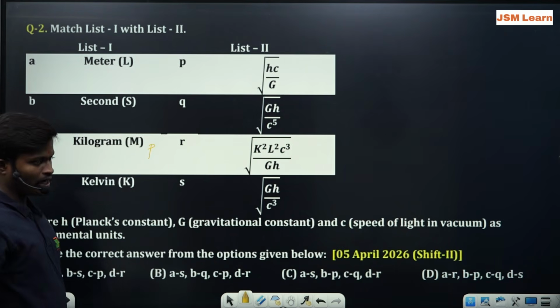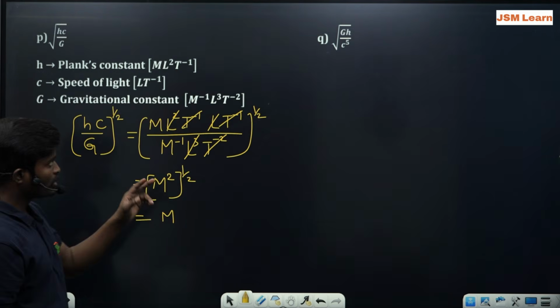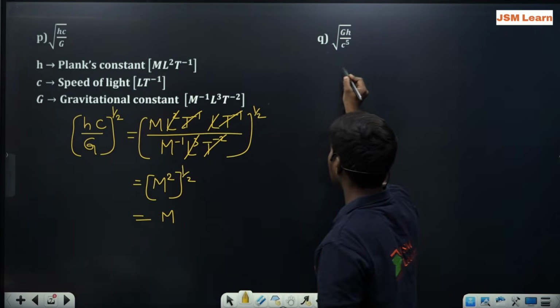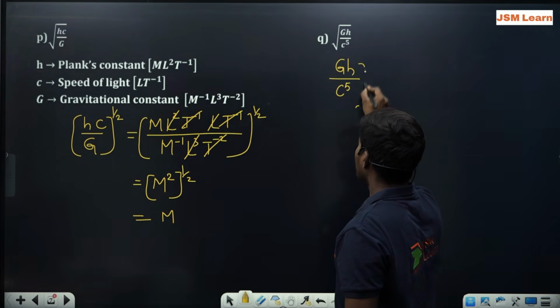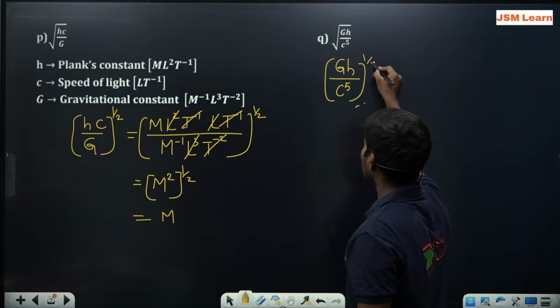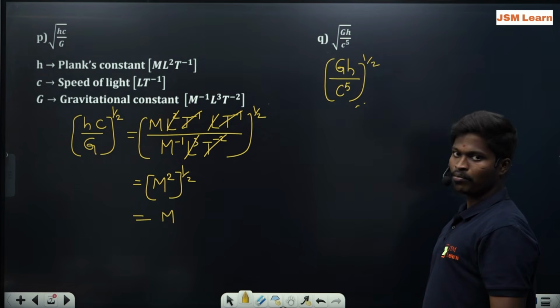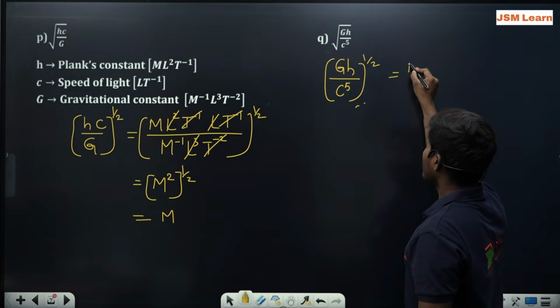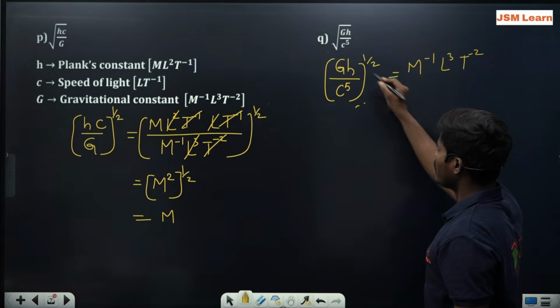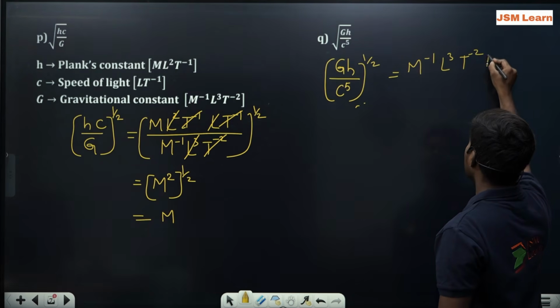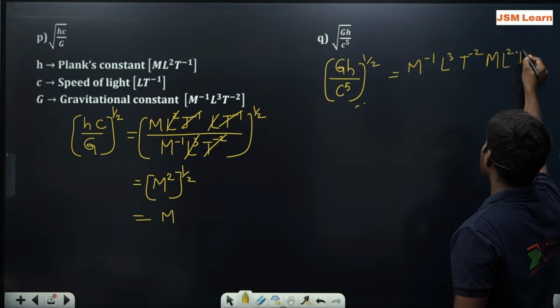So let us write P here, and if you see the next one, GH by C to the power of 5. So (GH by C^5), it is also under root, so we can keep 1 by 2. Now the dimensional formula of G is M^-1 L^3 T^-2, and H is Planck constant, so M L^2 T^-1.